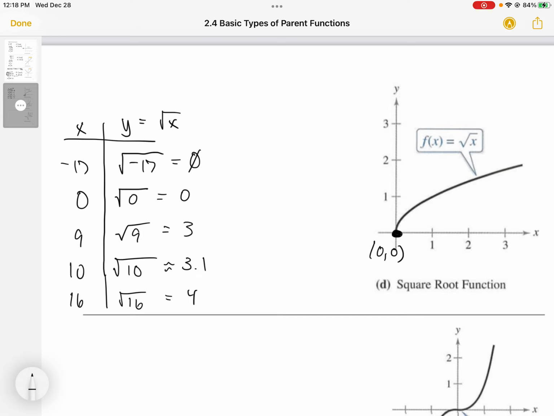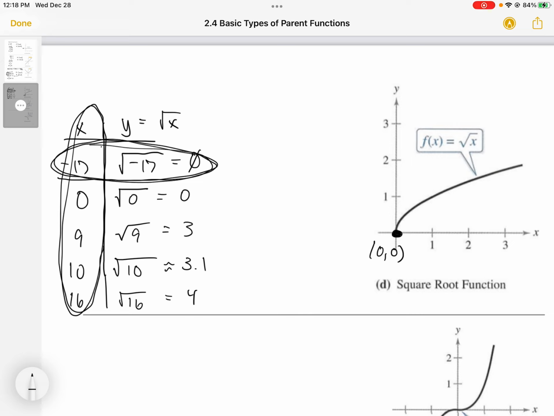So you can see here that our domain cannot be all real numbers anymore, because when x is negative, we get something that's undefined for y. That is a problem. Remember, our domain is a set of all x values that work in the function, and negative values no longer work.